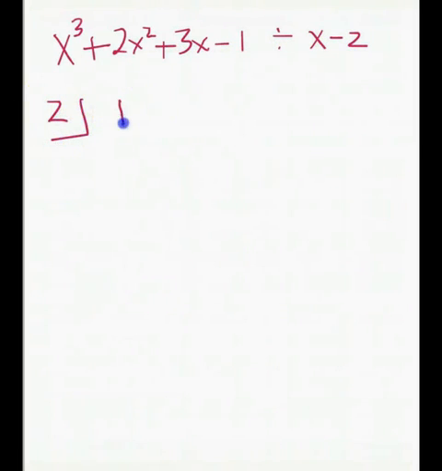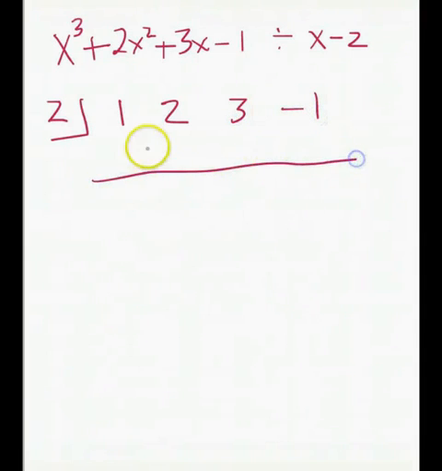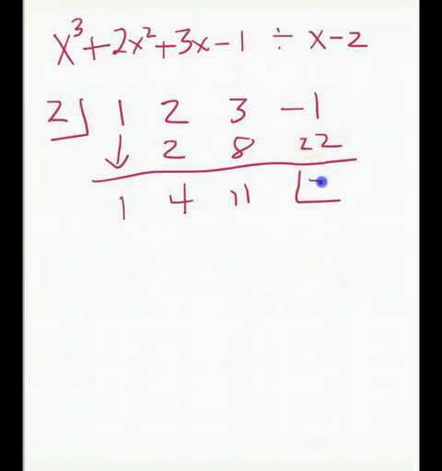Okay, I've got x cubes, I got x squareds, I got x's, and I got constants. Okay, draw myself a line. Bring down the 1. 2 times 1 is 2. 2 plus 2 is 4. 2 times 4 is 8. 3 plus 8 is 11. 2 times 11 is 22. So my remainder is 21.